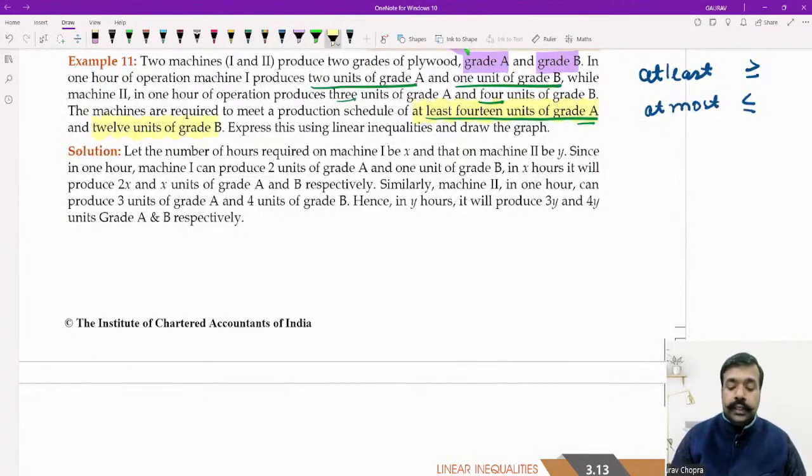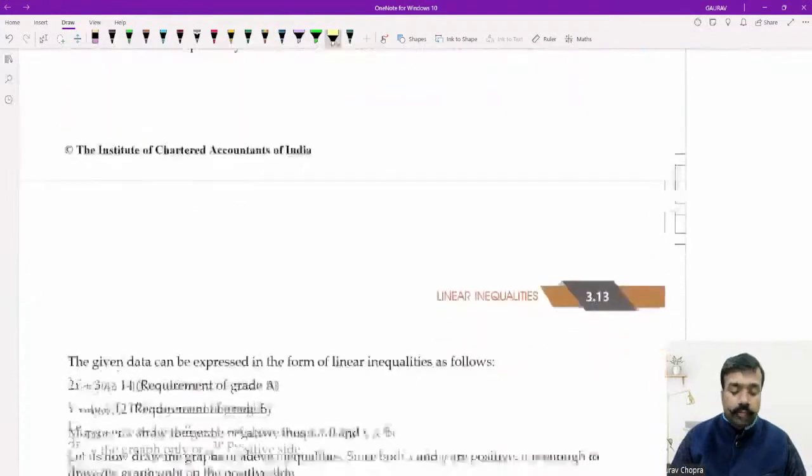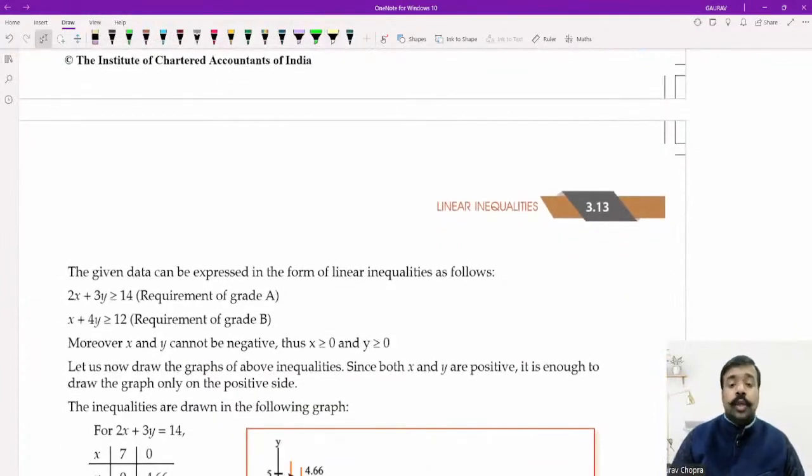Now we have to express them and draw the graph. It is very simple, because since it is at least, we have to use the greater than equal to sign.